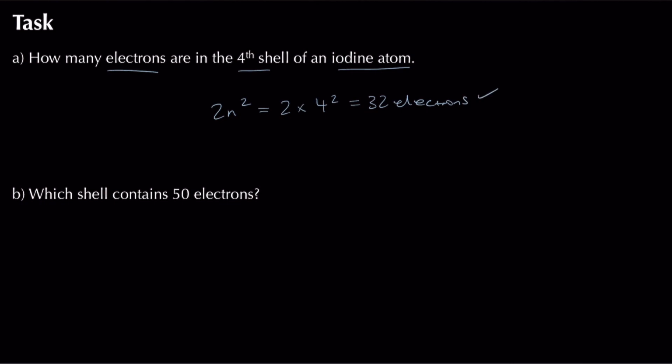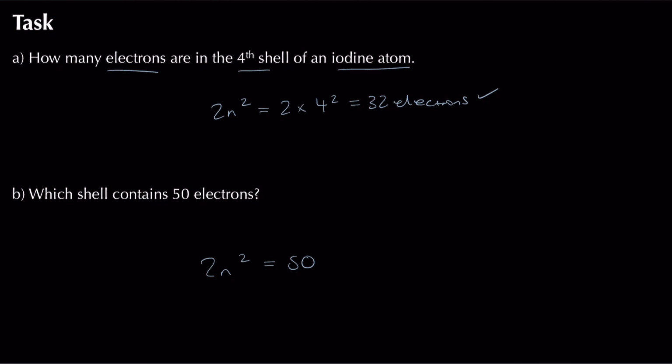Now in this example, we're told which shell contains 50 electrons. Thinking back to our 2n squared rule, we don't have a value for n, and that's what we need to find out, because we're asked which shell, which principal quantum number, we're dealing with. So 2n squared is equal to 50, and I need to rearrange this to get n on its own.